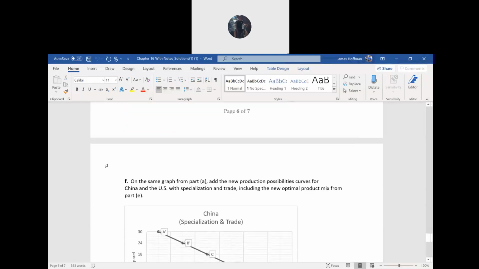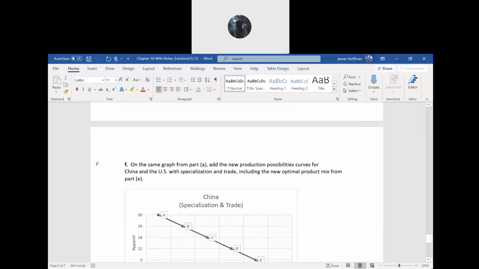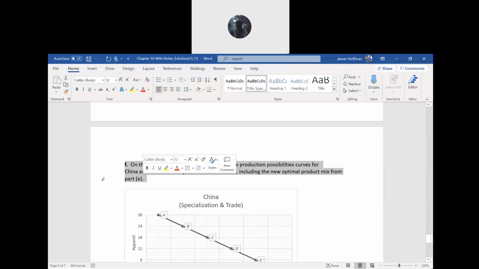Then you have to draw the new graph, which shows all the points they could possibly gain with the trade if they traded the leftover amount of the goods they specialized in. So draw the new production possibilities curve with specialization and trade.